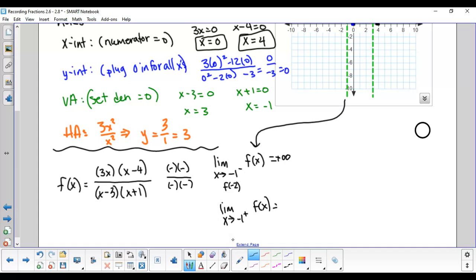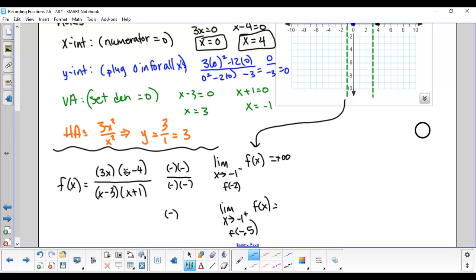So again, I'm going to use the same kind of idea. This time I'm going to plug in a number that is just to the right. Now, I don't want to plug in 0 because we know 0 is an x-intercept. So I'm going to plug in the value of -0.5. When I plug that into my x's over here, a -0.5 into the first parenthesis is going to produce a negative.